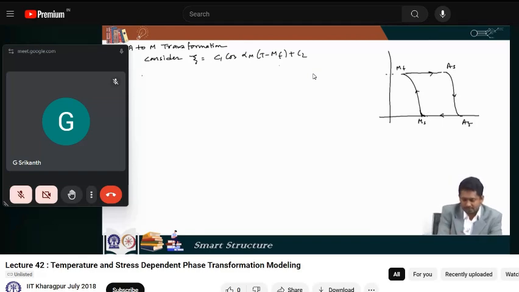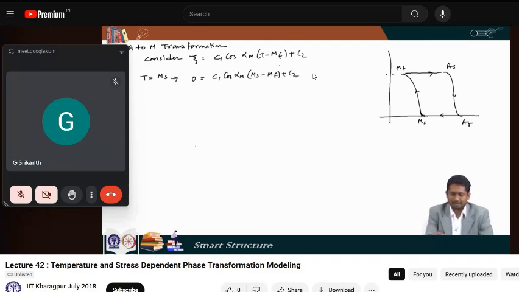So T is equal to MS tells me that xi is equal to 0, and then if we put the values, C1 cosine alpha m (MS minus MF) plus C2, and also we have one quantity alpha m here.